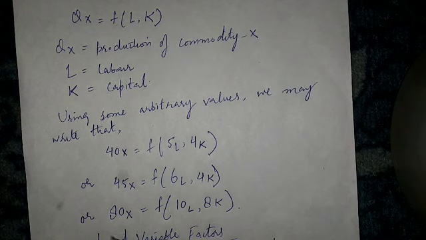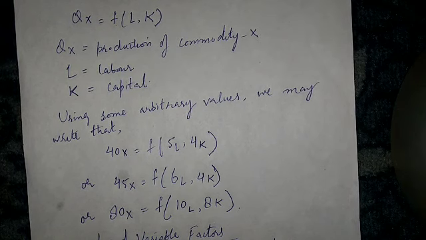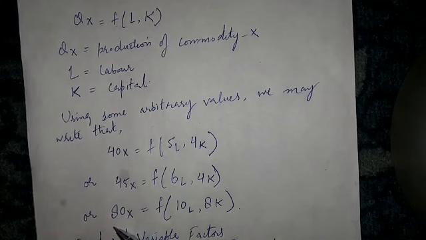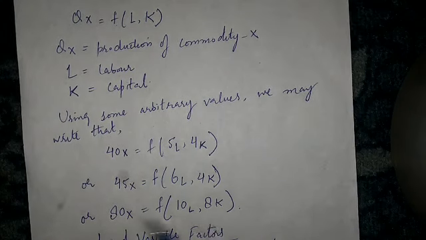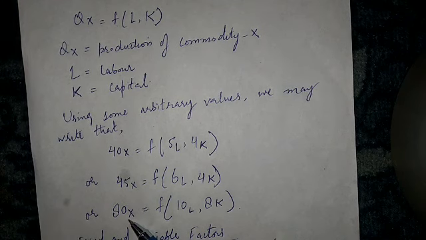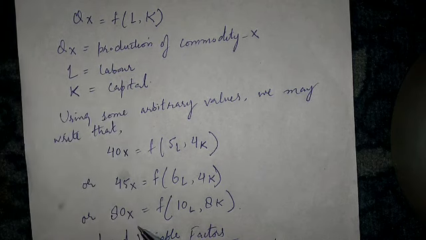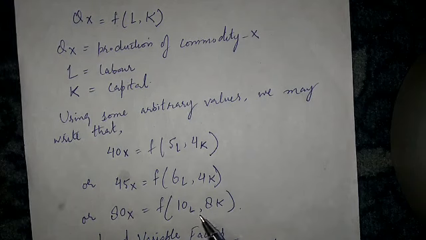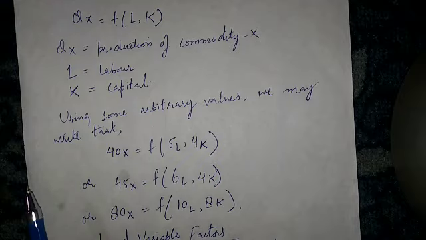Or we can also say here that maximum 80 units of commodity X can be produced by using 10 units of labor and 8 units of capital.